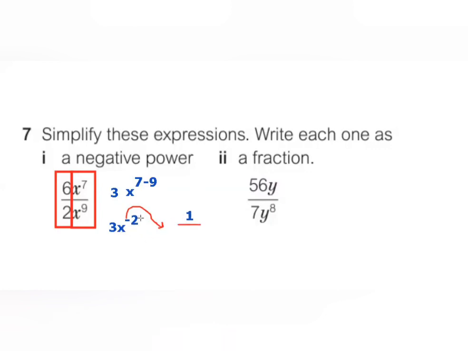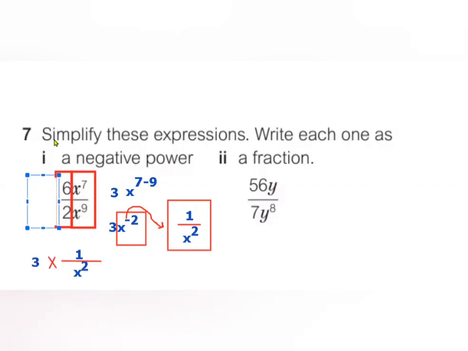And then we take x power of 2 and we put it down. So x power of 2, like this. And then the whole fraction is multiplied by 3, because the one we solved is only x power of negative 2. So we multiplied by 3. So here we say 3 times 1 over x squared.